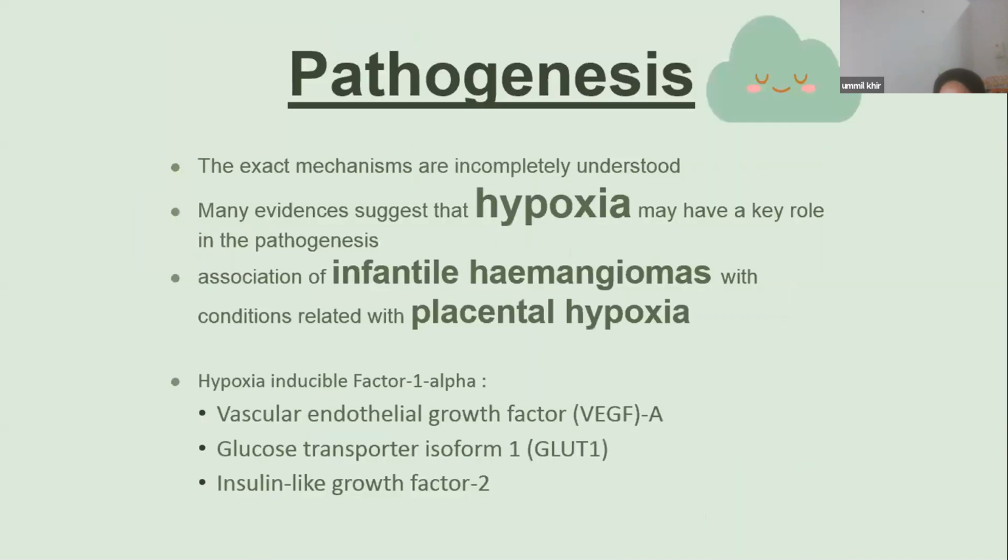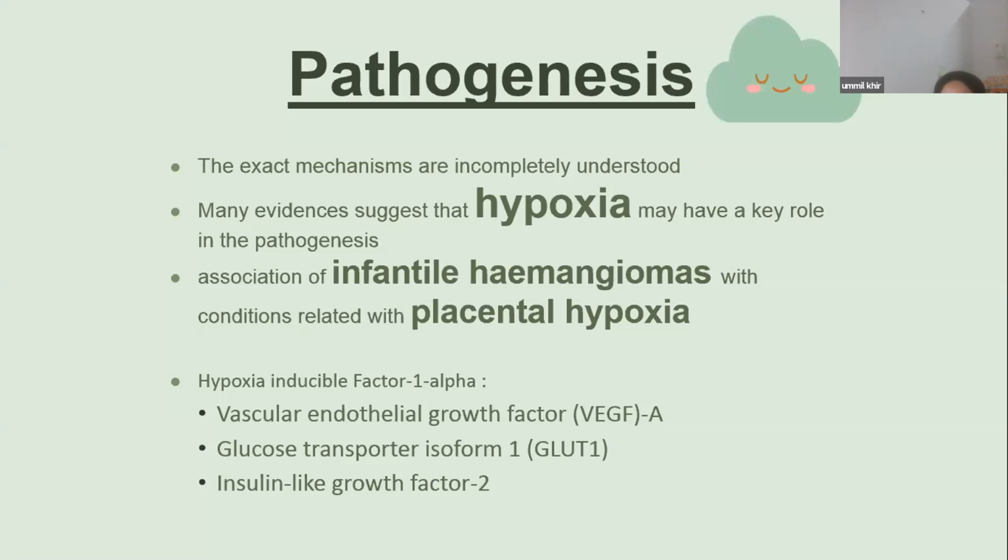As I said before, hemangiomas are characterized by phases of proliferation and also involution. And actually, the exact mechanism is incompletely understood. However, there is much evidence that suggests that hypoxia may have a key role in the pathogenesis of hemangioma.